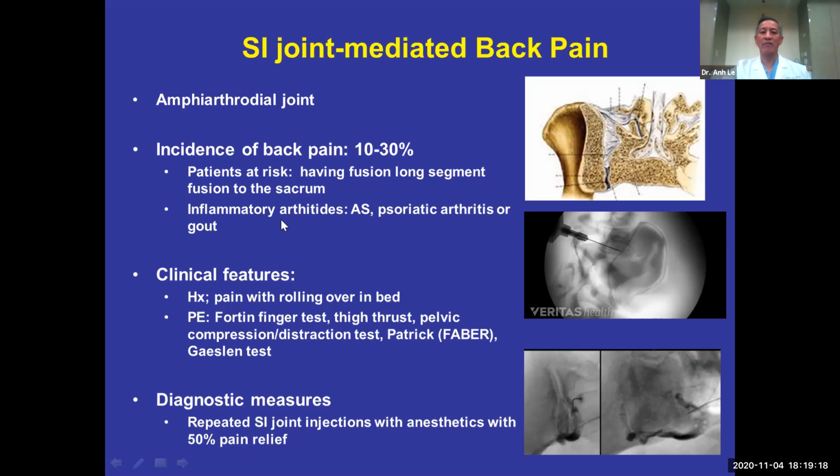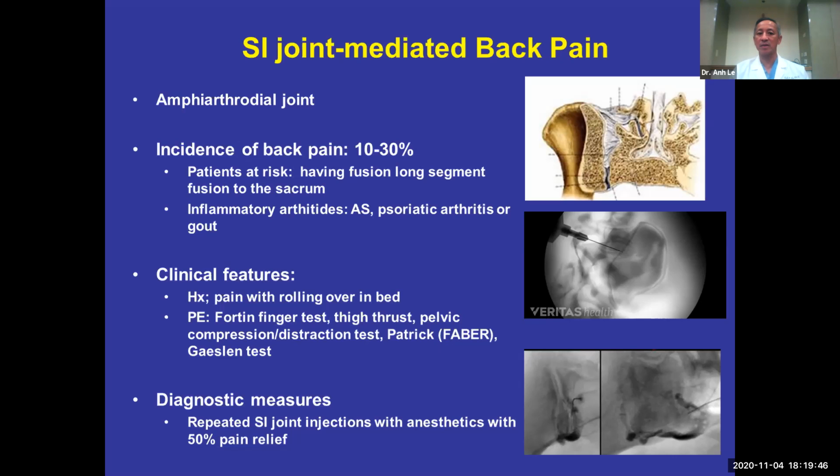Or in patients who have inflammatory arthritis, such as ankylosing spondylitis, psoriatic arthritis, or gout, they may have inflammatory SI joint pain. So the clinical features for these patients include pain with rolling over in bed, right? The physical examination includes a one-finger test, where we take a finger and push on the SI joint and it causes pain.